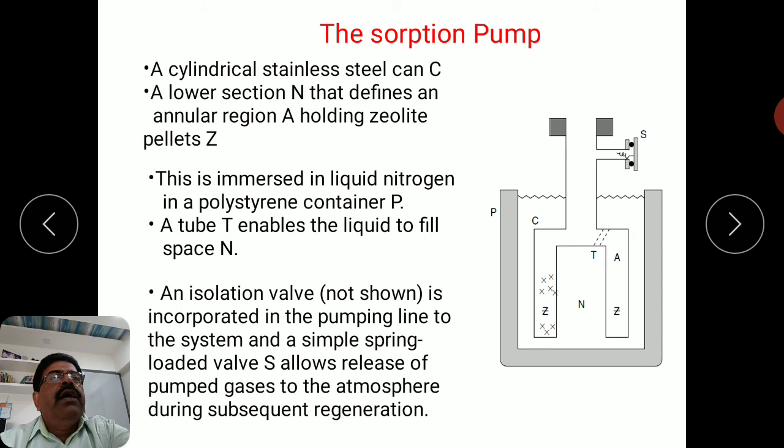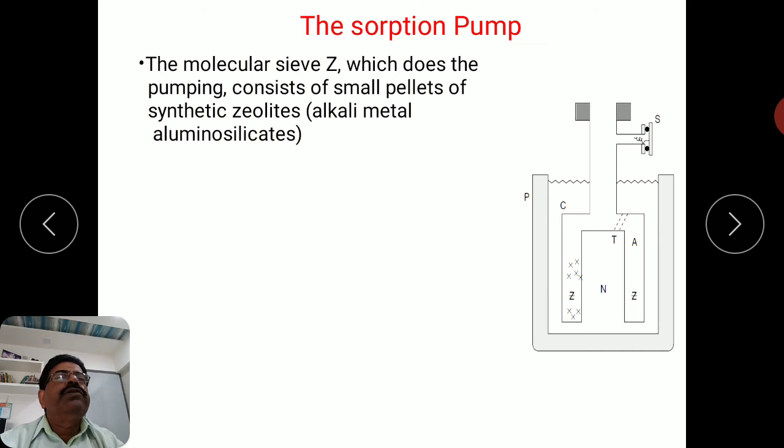Now let us see how this cryosorption process takes place. As I have mentioned earlier, cryosorption pumps use a molecular sieve. The zeolite pellets, represented by Z, act as the molecular sieve.